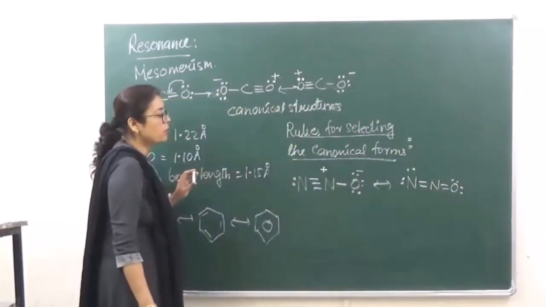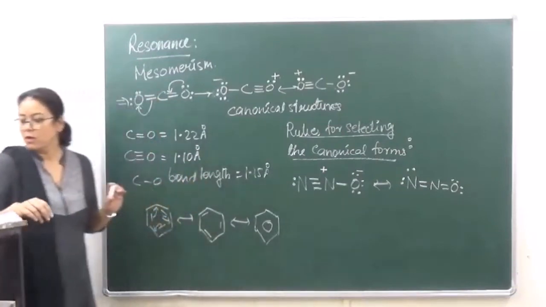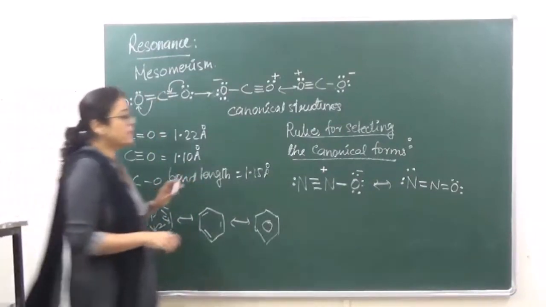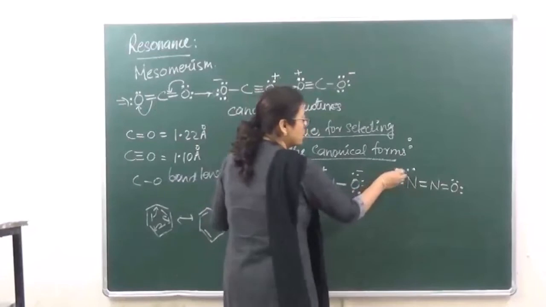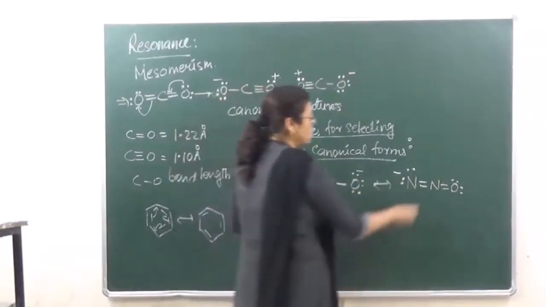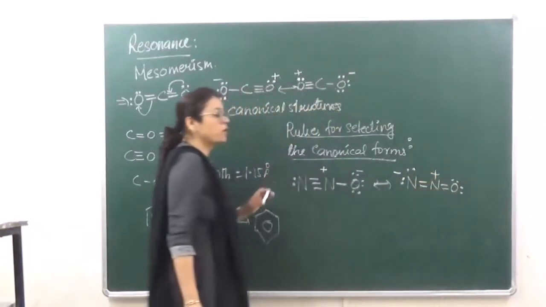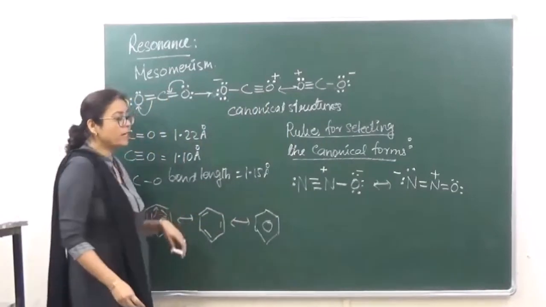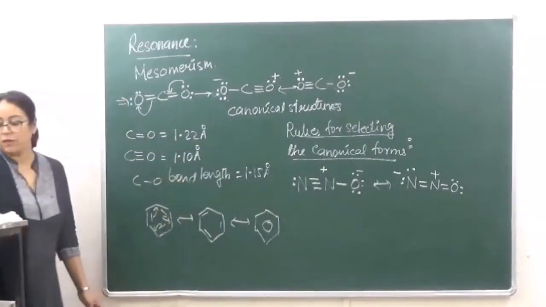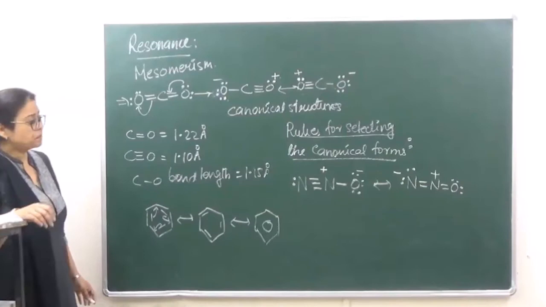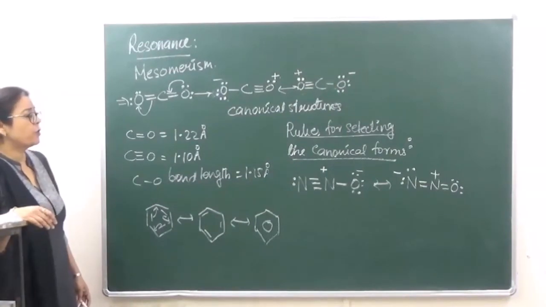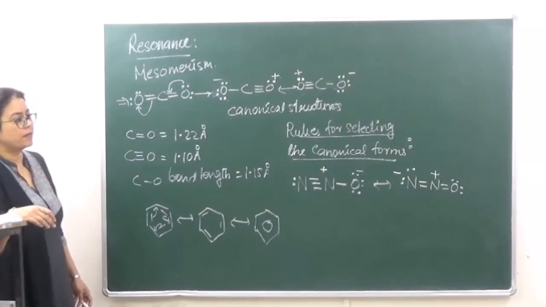Okay. So now when we are looking at the charges over here, what are we going to say? That the negative charge that is going to be on this nitrogen and the positive charge is going to be on this nitrogen. So according to what we have already done, the negative charge should be on the more electronegative element.